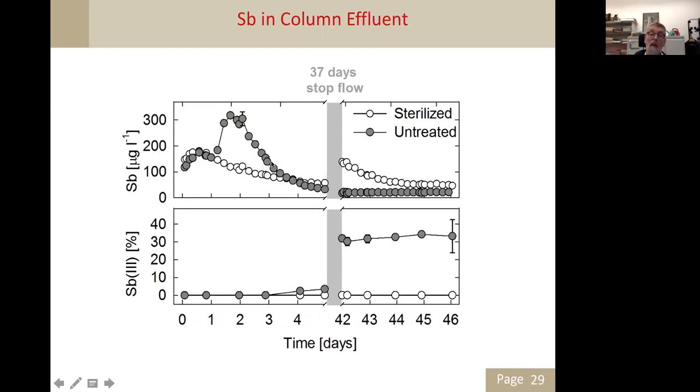The soil, which was sterilized with gamma ray irradiation, showed initially the same behavior as the non-sterilized. So the beginning is not due to any microbial effect, while the second peak here in the untreated soil obviously had to do with the sterilization.